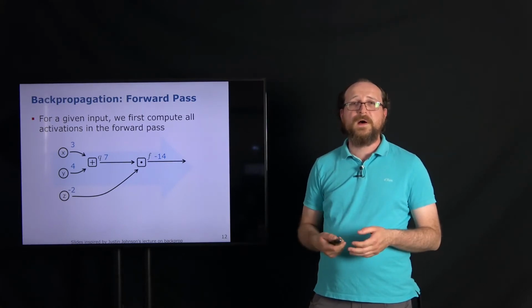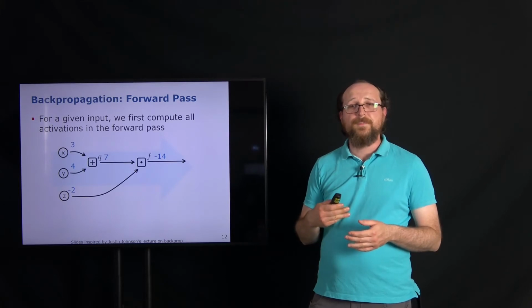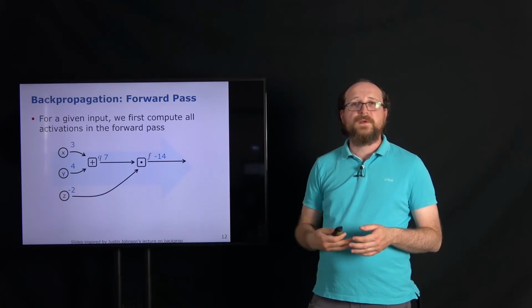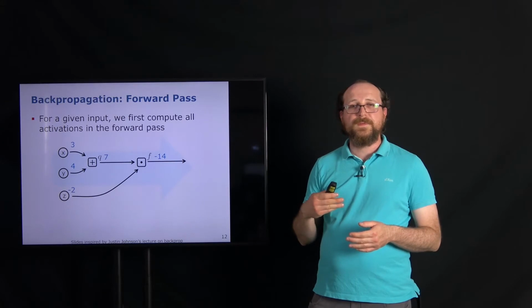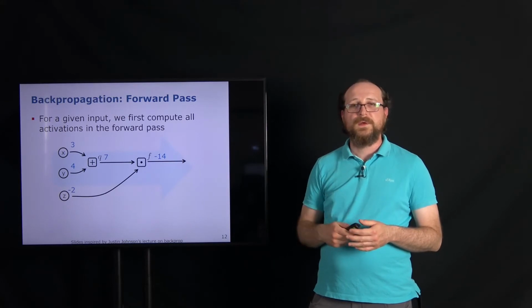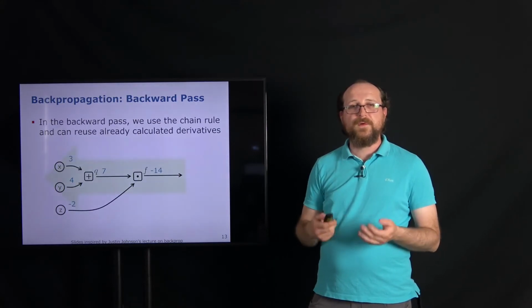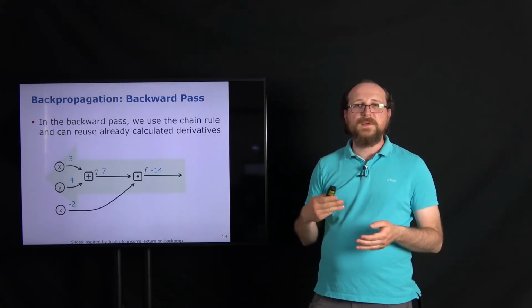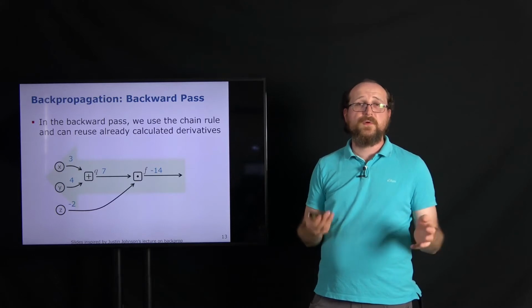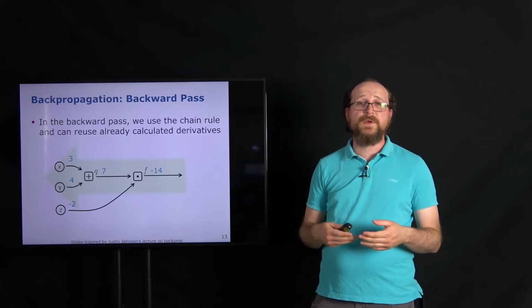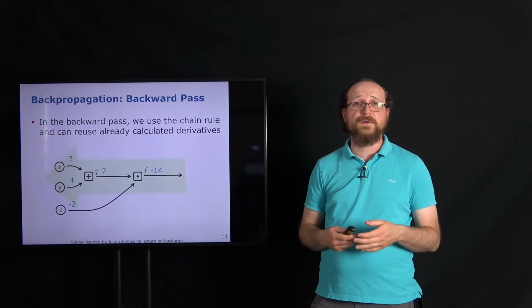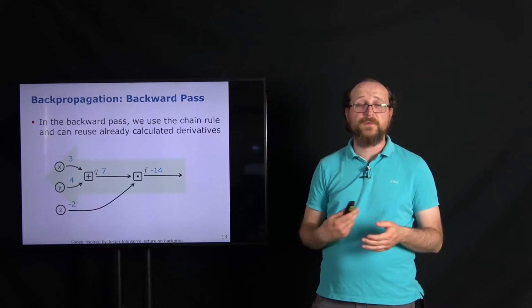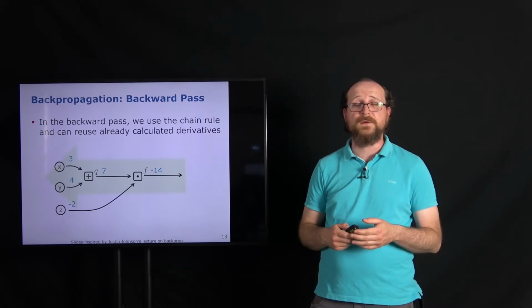And this backward pass defines the order, the direction, in which we are doing the chain rule. In the backward pass, we use the chain rule to compute the partial derivatives. And important is that we can also reuse the already calculated derivatives, but also already computed activations, which we had in the end.